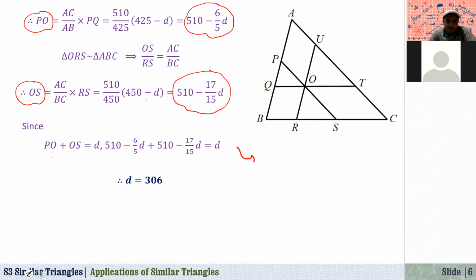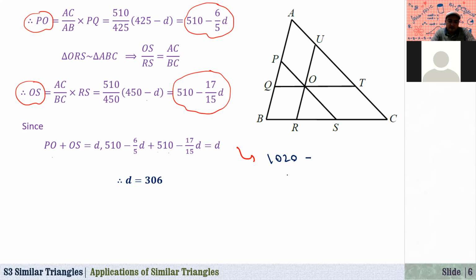Right here we have 510 plus 510, that is 1020. And we have to add 6 over 5 plus 17 over 15.